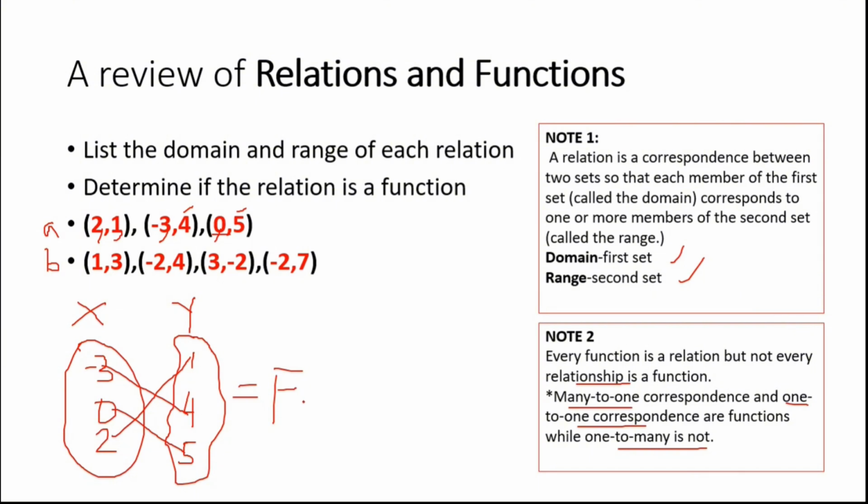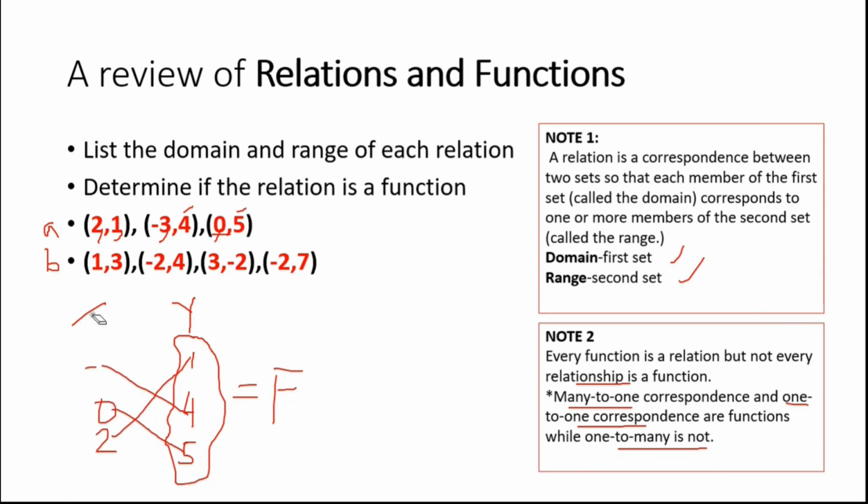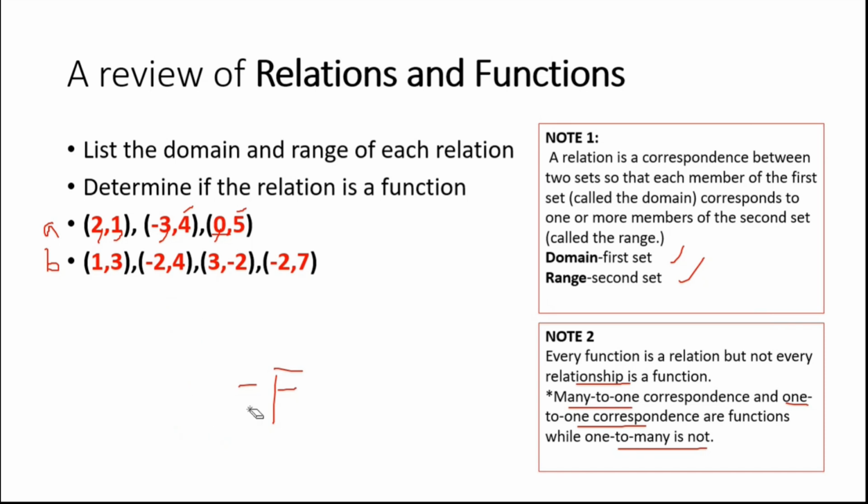So let's move on to letter B. What about letter B? Is that a function or not a function? Let's use the mapping again. Let's identify the domain. We have 1, negative 2, 3, and negative 2. This time we're going to use descending order. So we have negative 2, and what comes next?